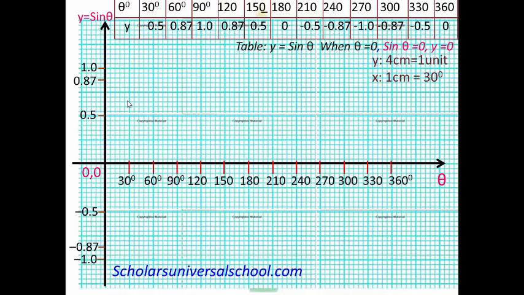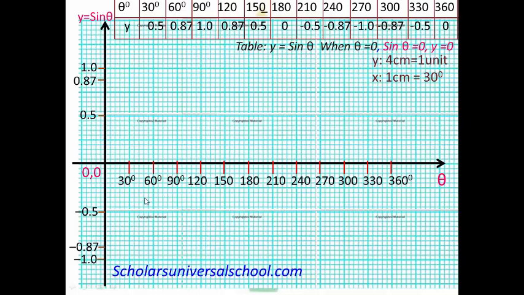We have calibrated our x-axis from 0° to 360°. Then this is the origin. So this 0 is for the x-axis, that is the theta axis, and this 0 is for the y-axis, which is the sine theta axis.